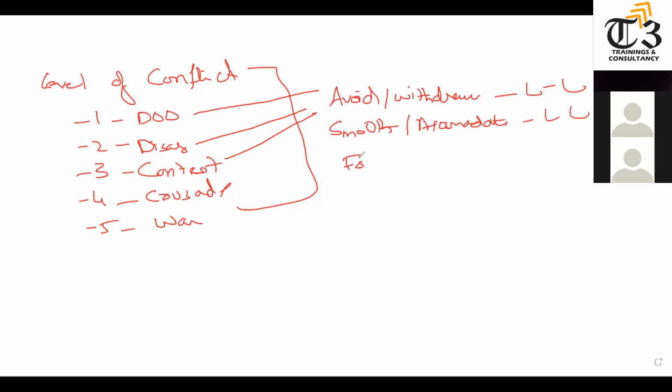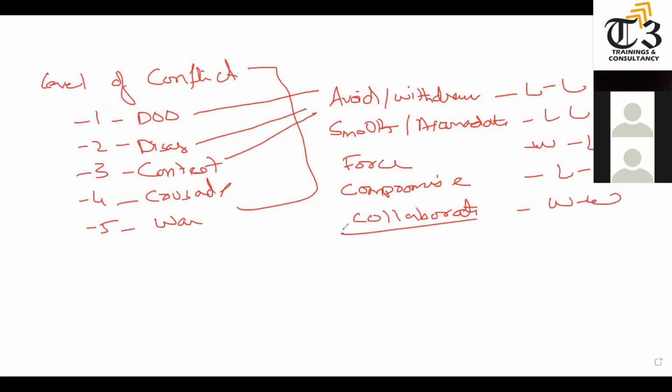Or it could be force, where one will win and one will lose. Or it could be compromise, where both sides will give up something, so both are losing. And the best one is collaborate, which is a win-win situation. This is the best, if it can be done. The last thing is arbitration, bringing a third party to get the conflict resolved.